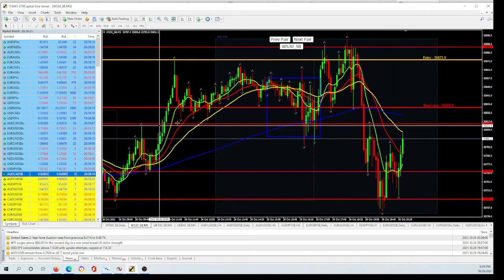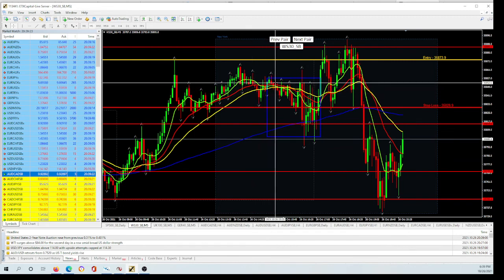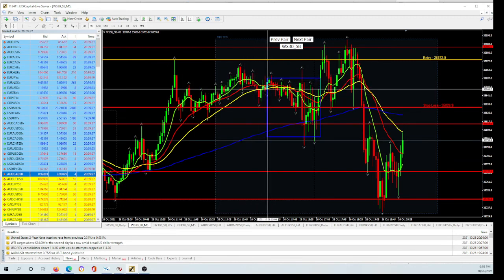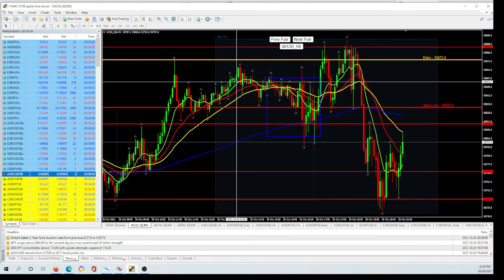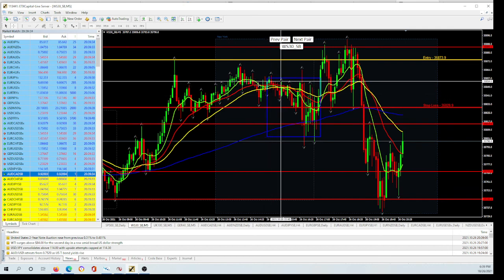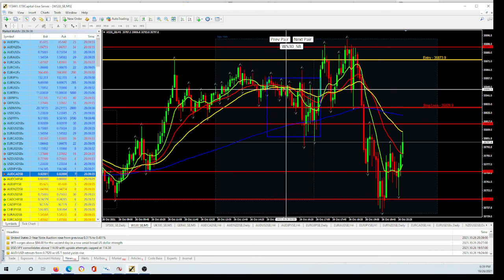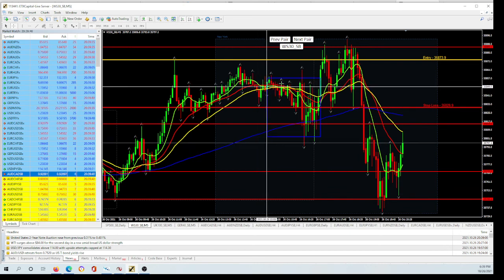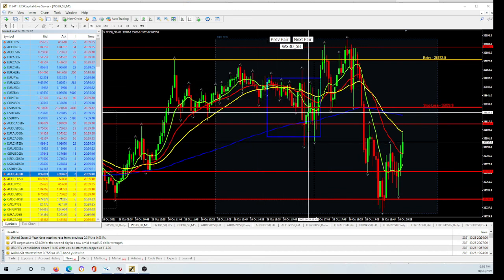And you can see the consolidations, the small candles, because when the market is consolidating, people have taken their profit. So the demand area or the supply area, price is setting up to go down or up.